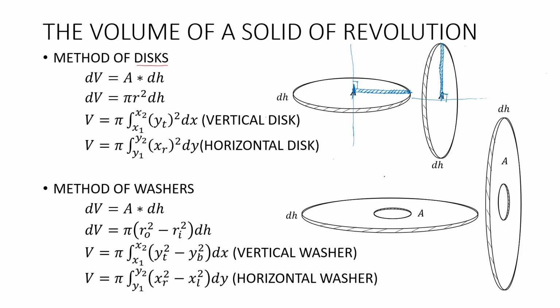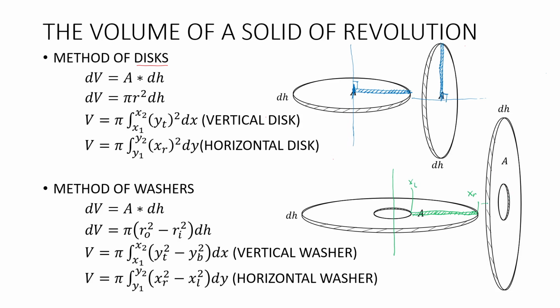Okay, so the difference between the method of washer and disk is, again, if you draw the axis of rotation, let's say this is the horizontal strip. It's still perpendicular, but notice that the other part of your horizontal strip is not touching the axis of rotation anymore. So your x right is a known equation, and your x left is another equation as well.